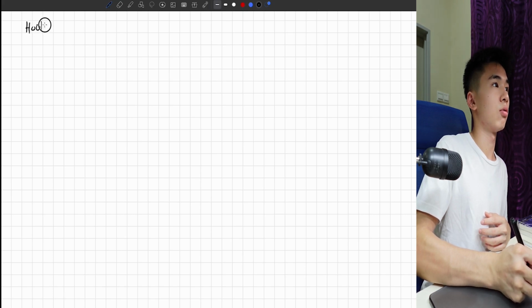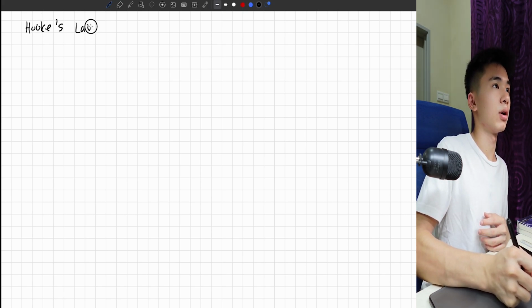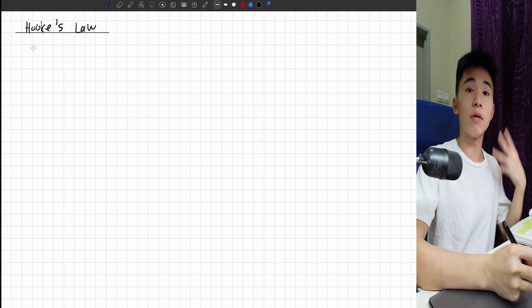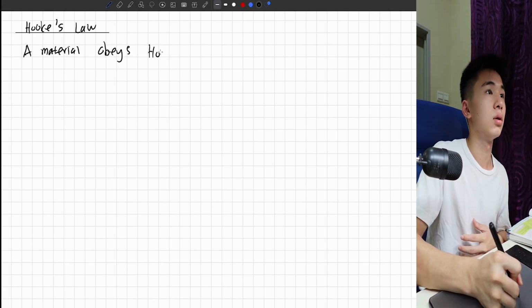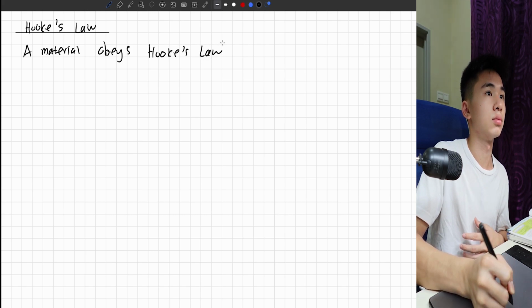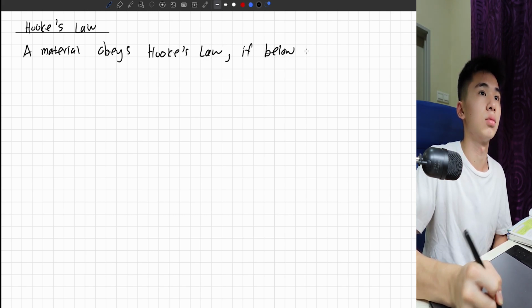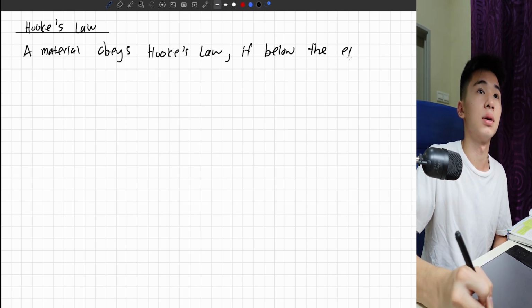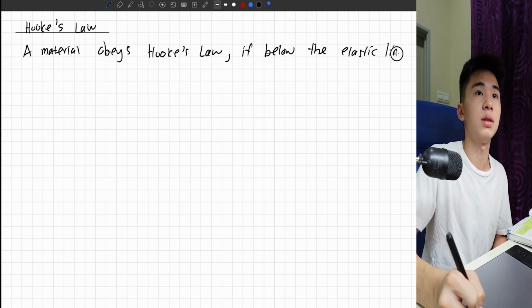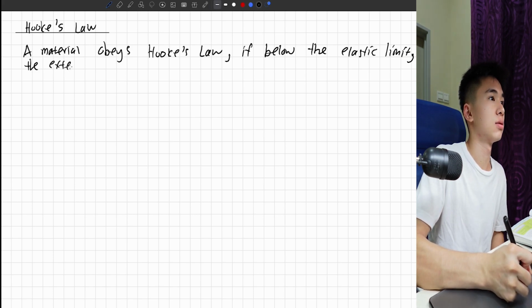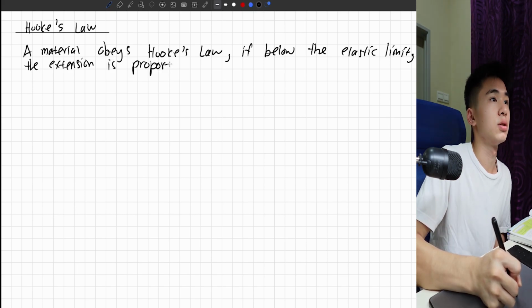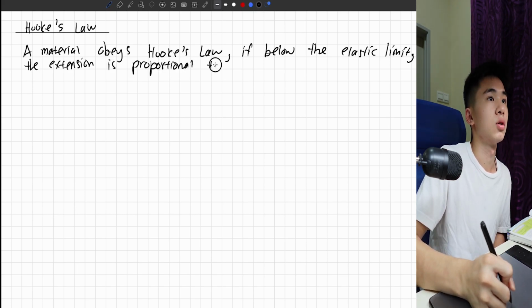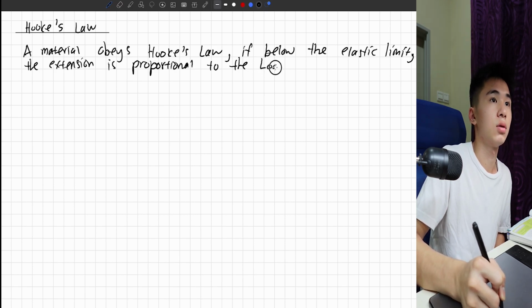So Hooke's law. The principle of Hooke's law is: a material obeys Hooke's law if, below the elastic limit, the extension is proportional to the load.